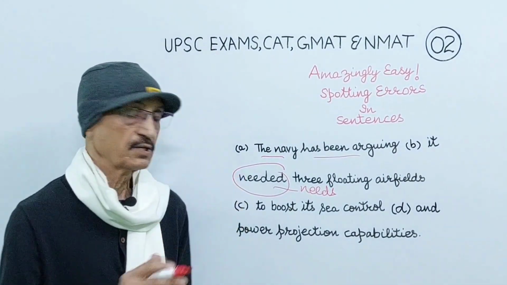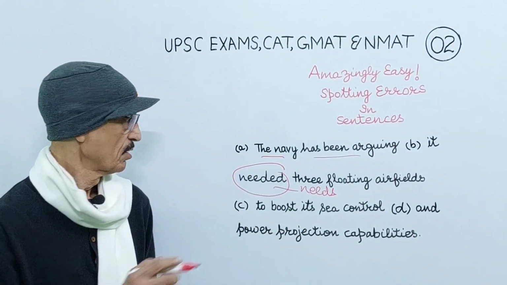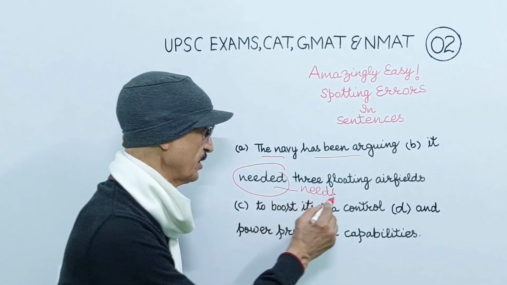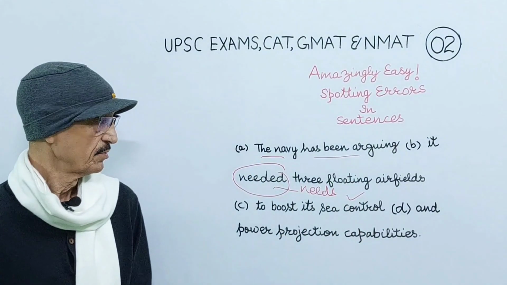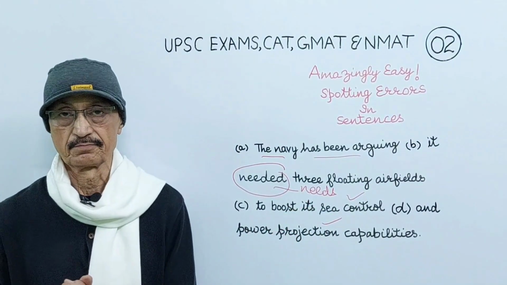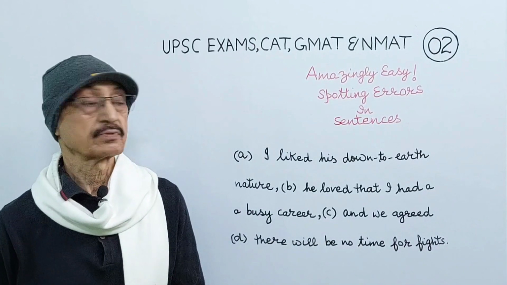So, in place of needed, we will use needs. 3 floating airfields to boost its sea control, this is correct, and power projection capabilities, the other parts are correct.